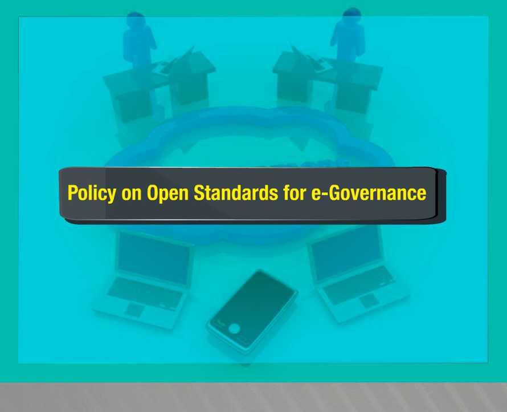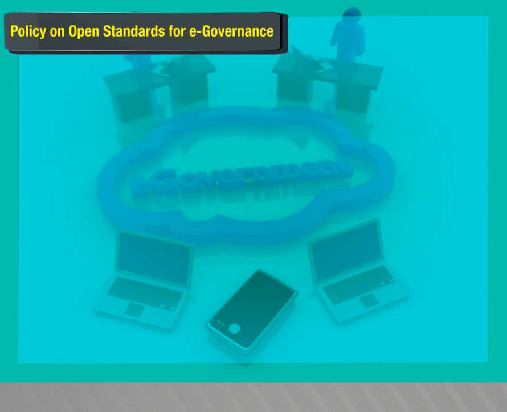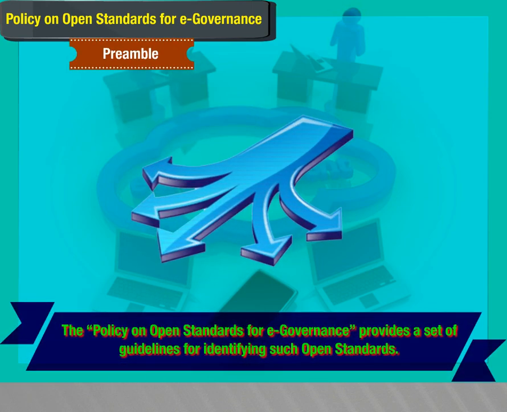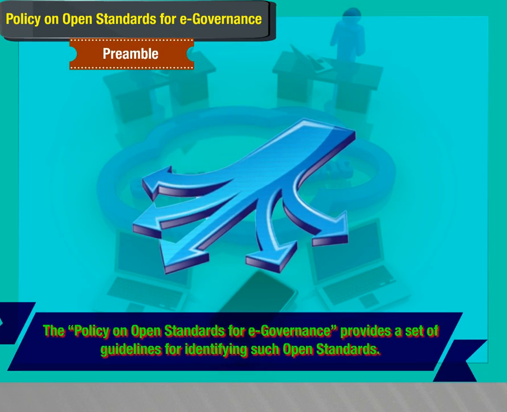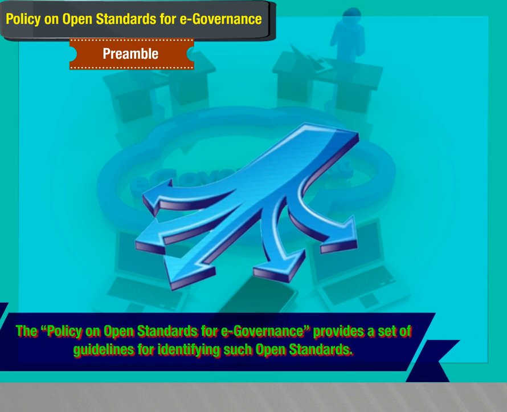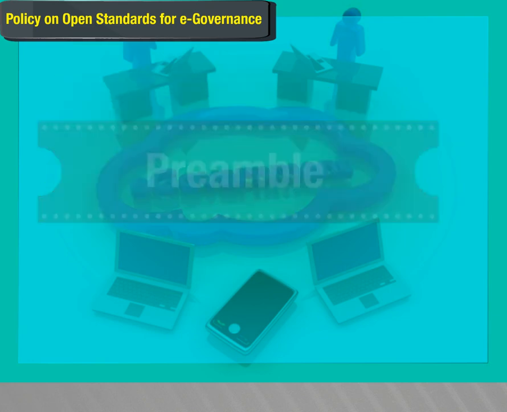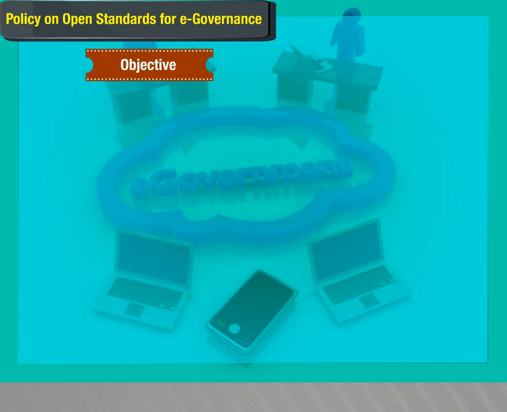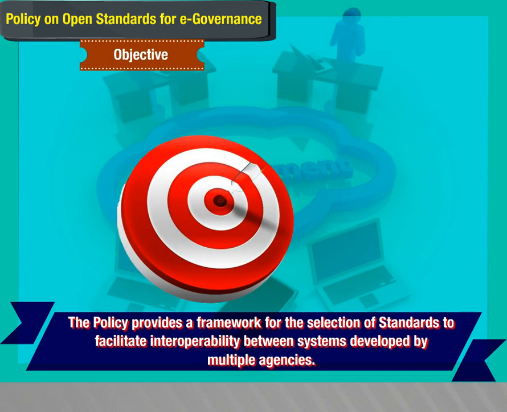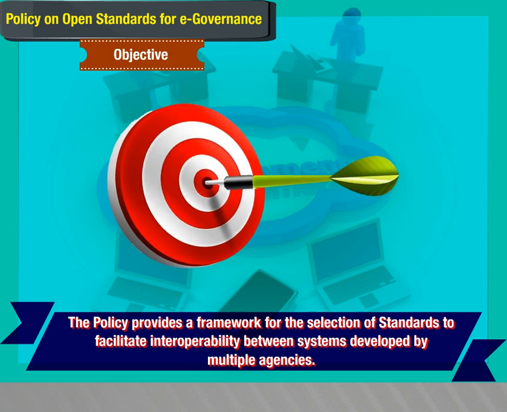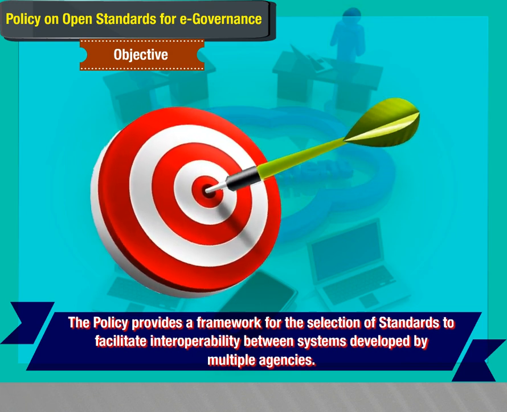Policy on Open Standards for e-governance. Preamble. The Policy on Open Standards for e-governance provides a set of guidelines for identifying such open standards. Objective. The policy provides a framework for the selection of standards to facilitate interoperability between systems developed by multiple agencies.